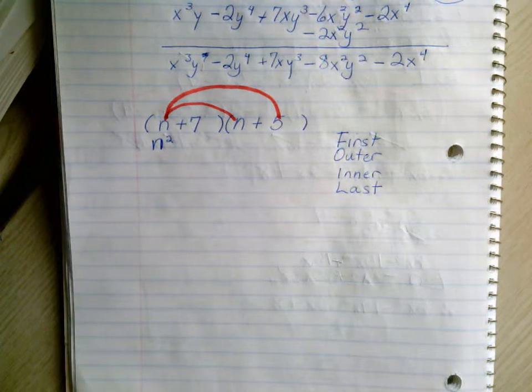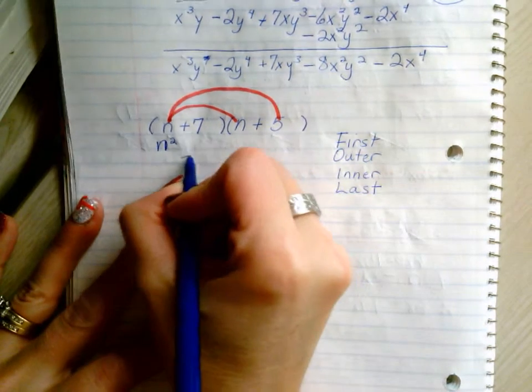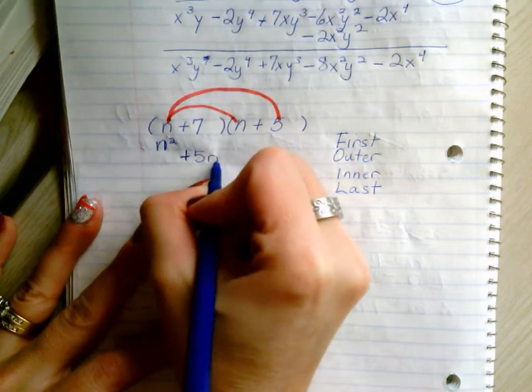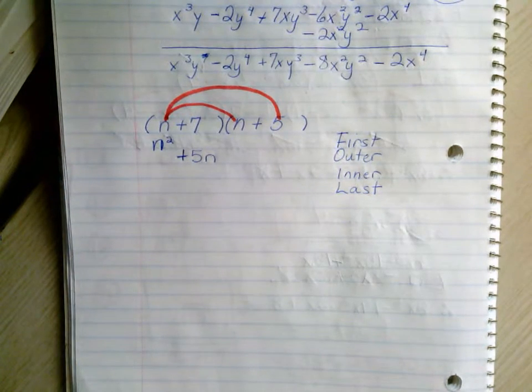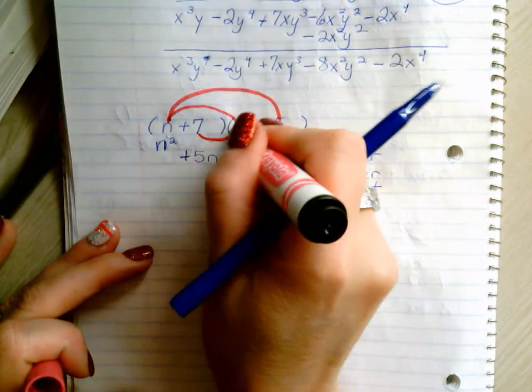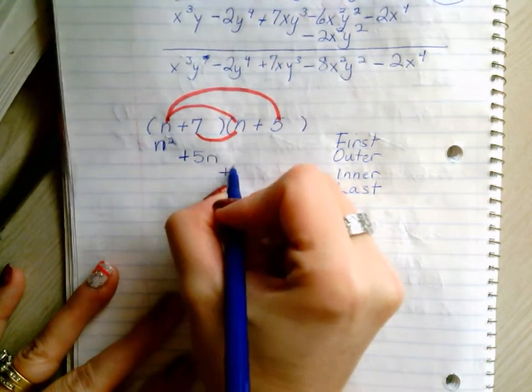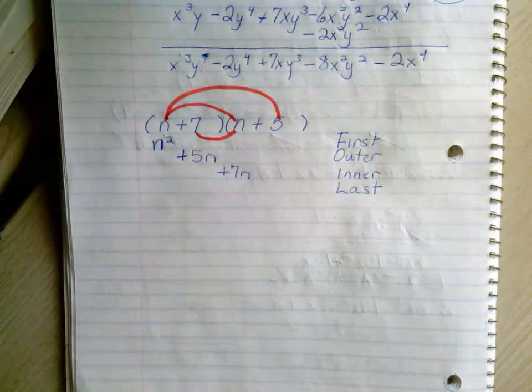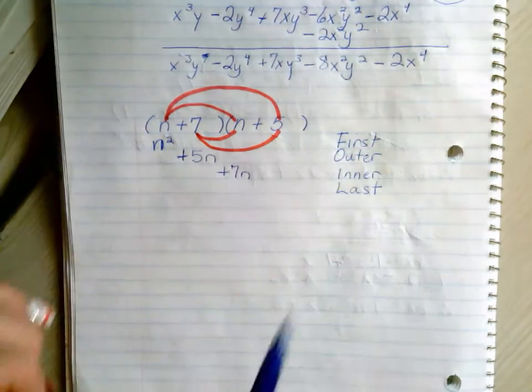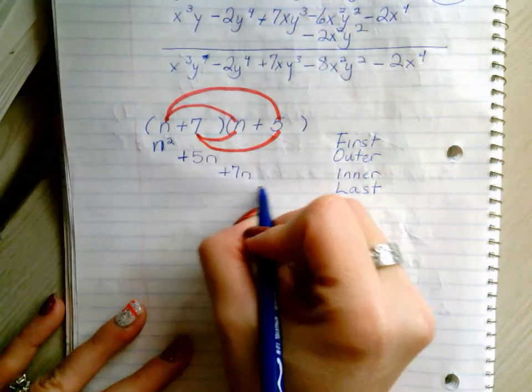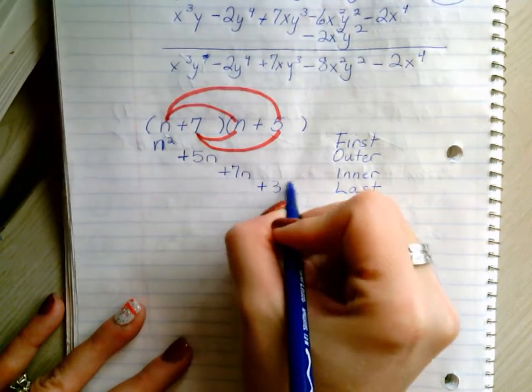And that would be positive 5n. The terms on the inside, 7 and n. These are the inner terms in relationship to one another. Positive 7n. And the last 2 terms, 7 and 5, which is positive 35.